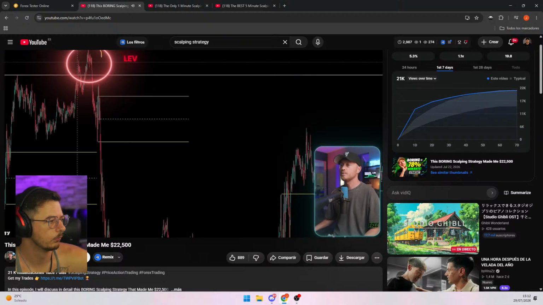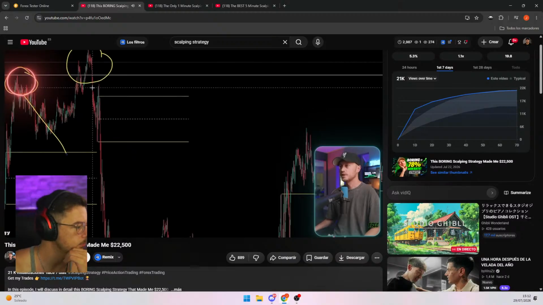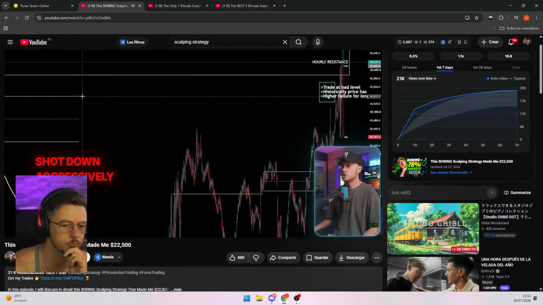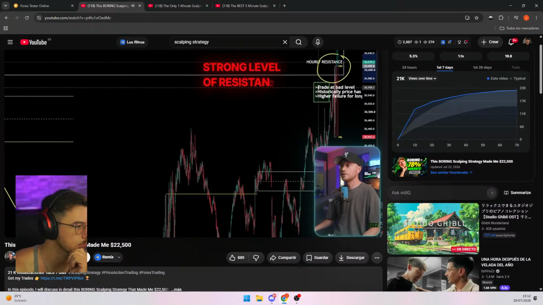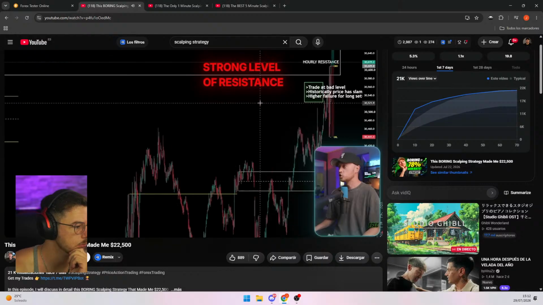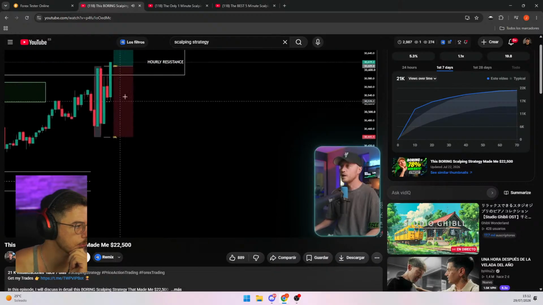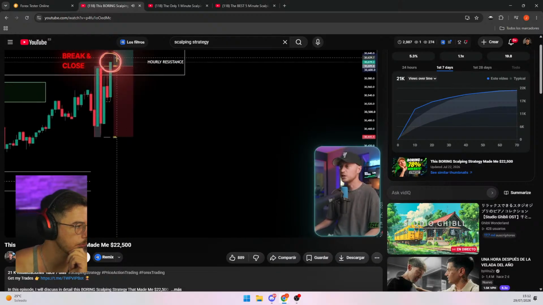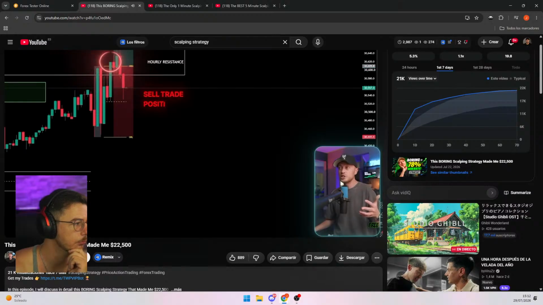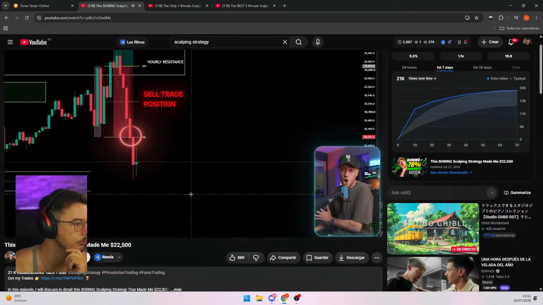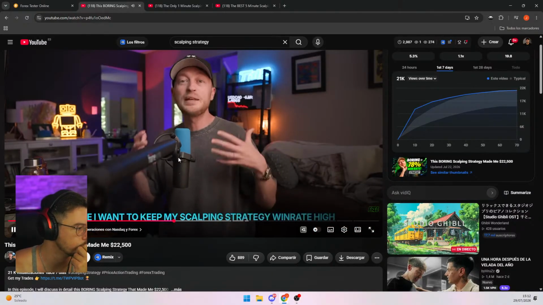It's a very obvious level of resistance, okay? When price came to this level, it shot down aggressively. So I know that this is a strong level. So instead of taking a buy trade from this level because I have the breaking close here, I'll be looking for a sell position, or I won't trade it at all because I want to keep my scalping strategy win rate high.